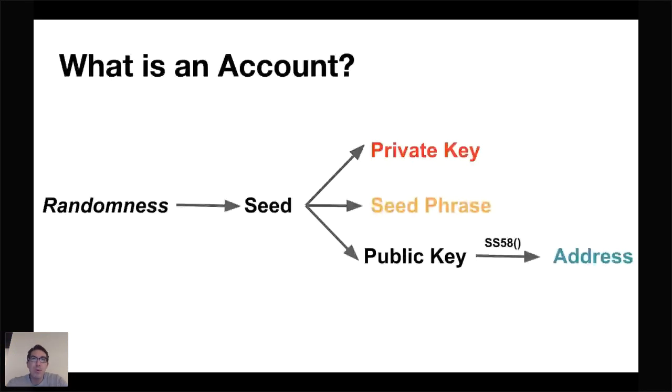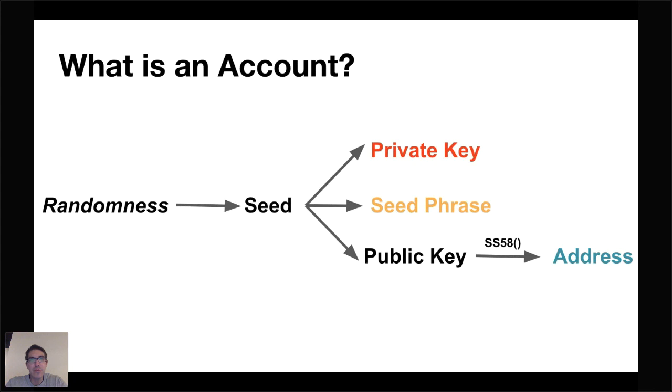Whenever you've made a Polkadot account, you've probably seen that you get some mnemonic phrase or seed phrase, and you have some address. So really what is happening here is after we generate one value, the seed, based on some randomness that gets input into the system, Polkadot is going to do three things. It's going to create a private and public key, which is a standard cryptographic key pair, and it's going to print out or otherwise give you the seed phrase, which is just really another way of displaying the seed.